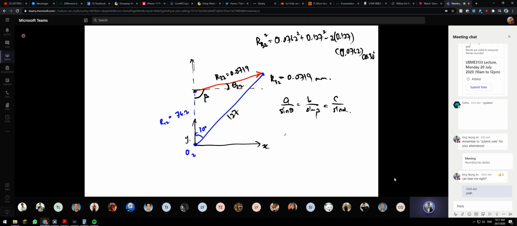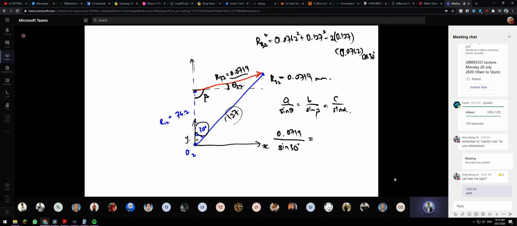So then I can have my 0.0719. Then you take sine 30 because that is the angle opposite the length 0.0719.